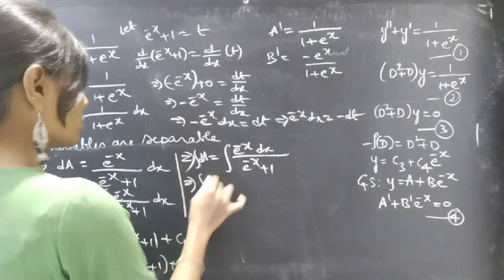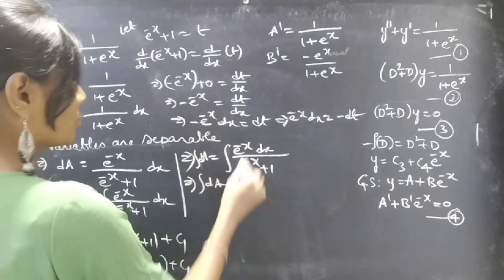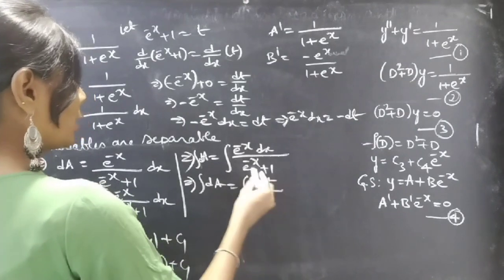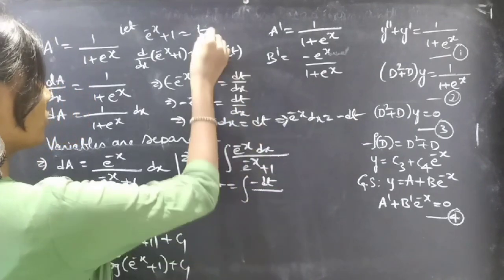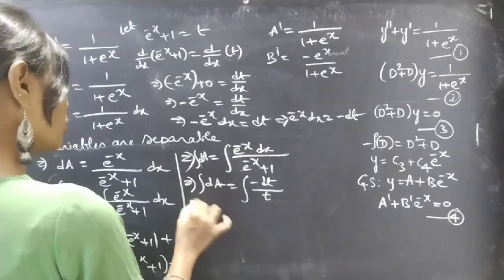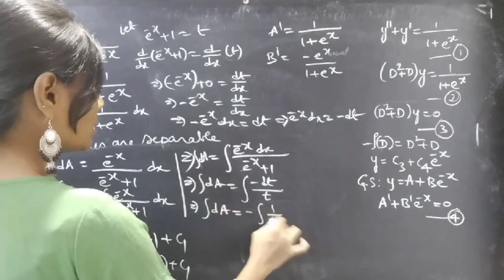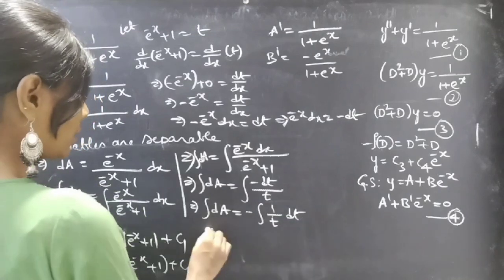Just replace e power minus x dx with minus dt and e power minus x plus 1 with t, right? Or we can write this as integral dA equals minus integral 1 by t dt, right?